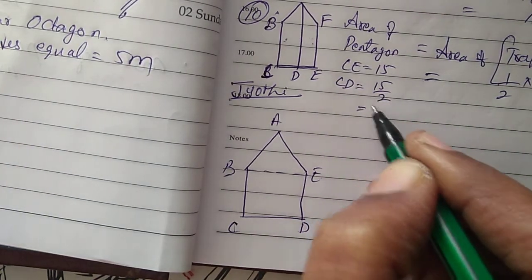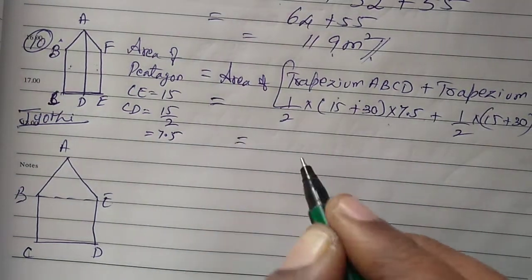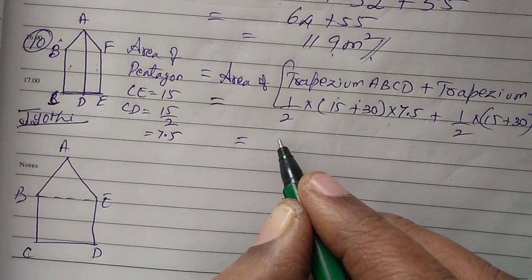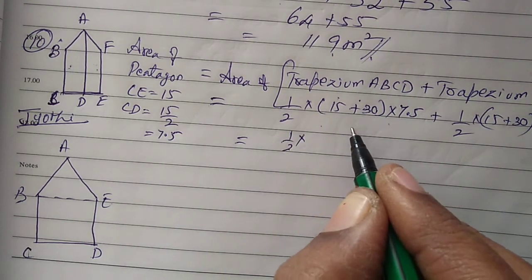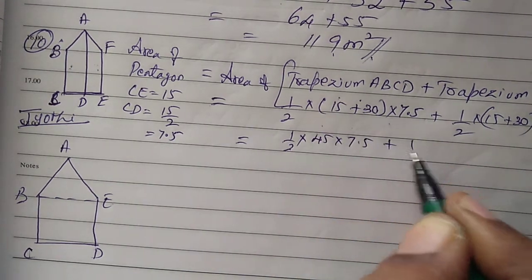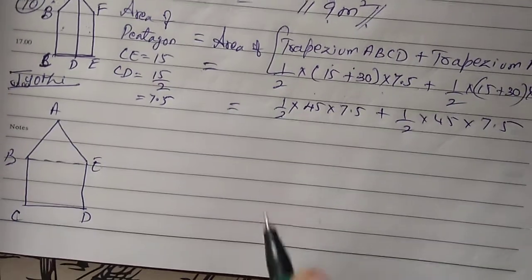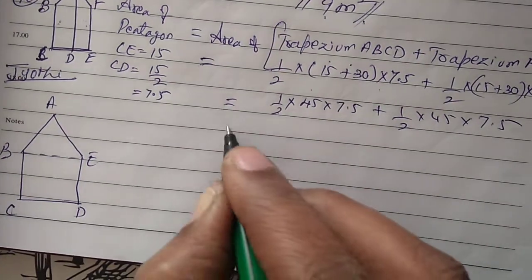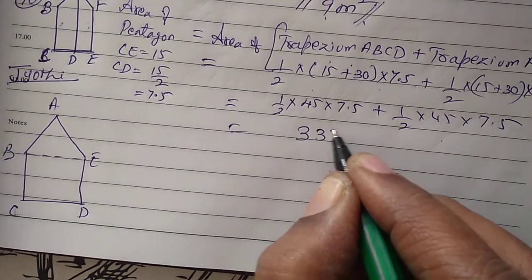So this will become half into 15 plus 30, 45 into 7.5, plus half into 45 into 7.5. So this is half into half, no? So I can multiply it easily. So I can do it as 337.5 meters square.